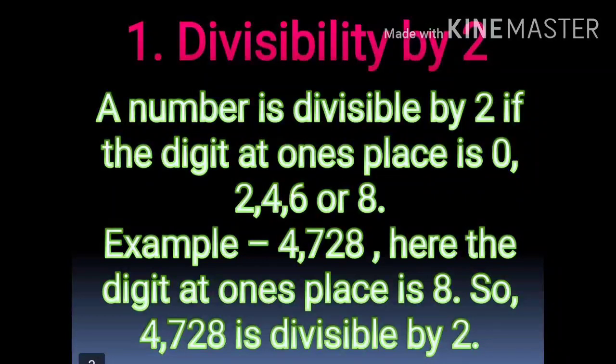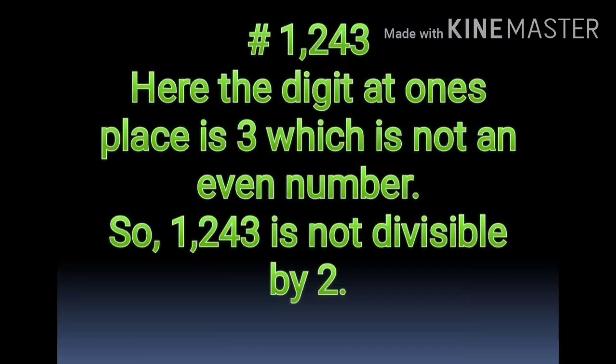So it means that 4728 is divisible by 2. Now another example we have 1243. Now in this number the digit at the ones place is 3, which is not an even number. So 1243 is not divisible by 2.